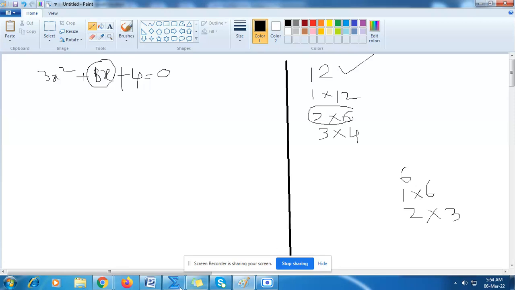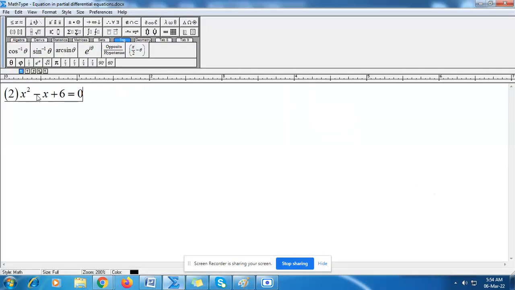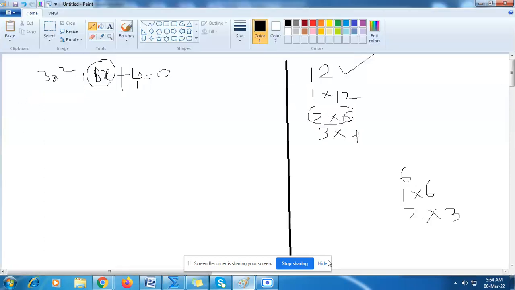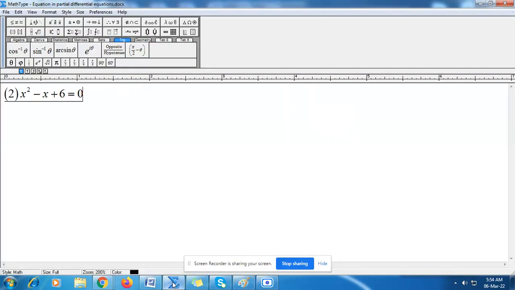And then check. We require minus 1. So 1 plus 6 is 7, 1 minus 6 is minus 5, it is not getting this. And 2 plus 3 is 5, it is not possible. And 2 minus 3 is minus 1.